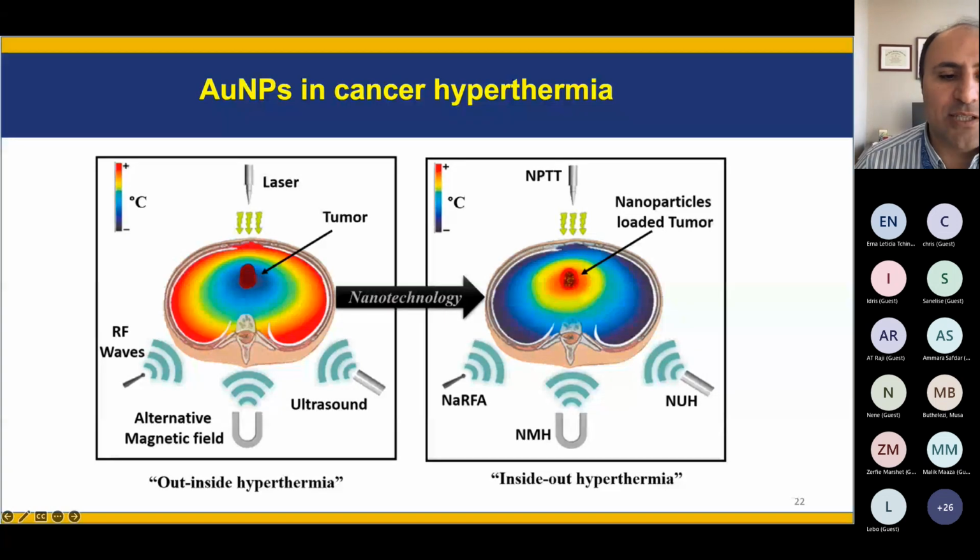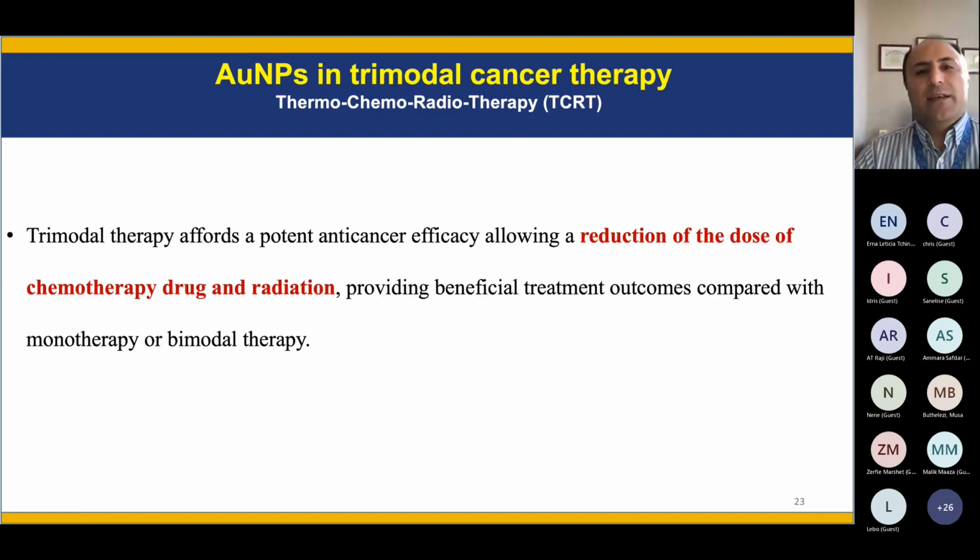But if we localize the nanoparticles in the tumor, like here, and we decrease the energy of the laser or ultrasound, we can change the paradigm and do inside-out hyperthermia. That means that we can spare the tissues in the path of the waves, but increase the temperature of the target or tumor. And more specifically and selectively, we can do cancer treatment using these nanoparticles.